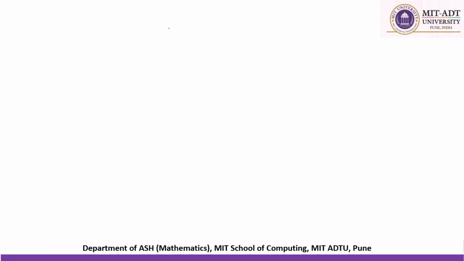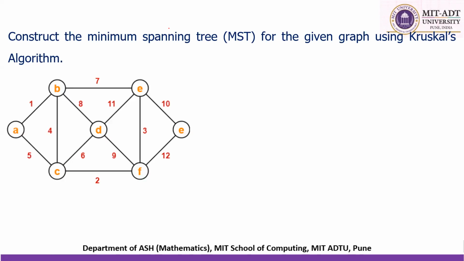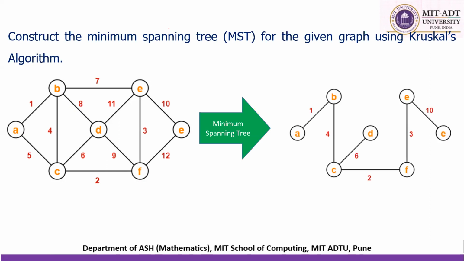Let me show some examples. It is only for your reference. One example: what is this minimal spanning tree? The weights are 1, 1, 2, 3, 4, then 6, and at the last 10.